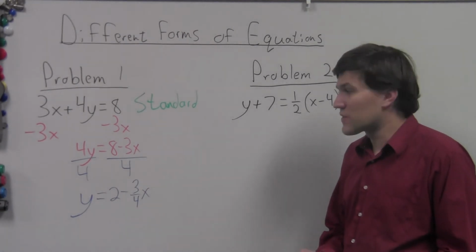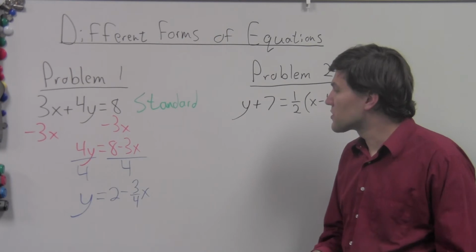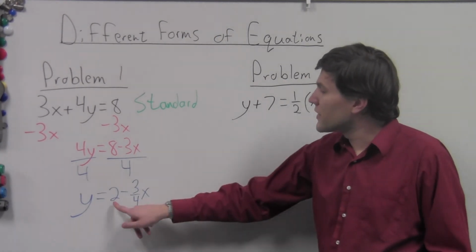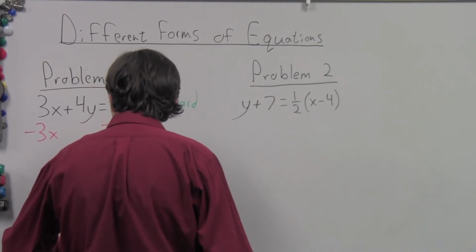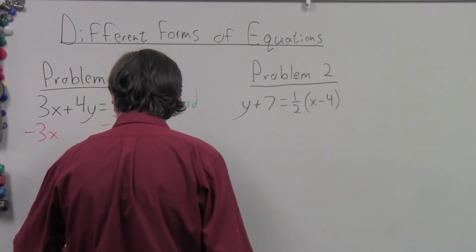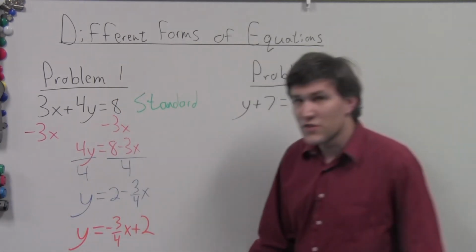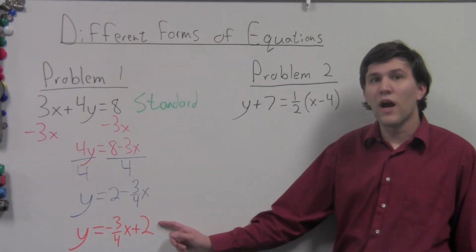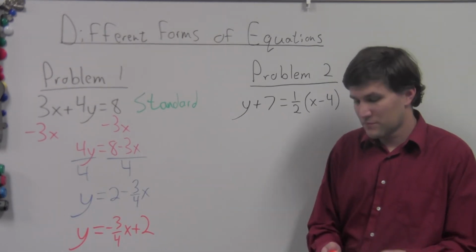So we've divided both sides by the coefficient of y. Now, to get it in the most proper slope-intercept form, we need to use the commutative property and rearrange this equation. So our final answer is y equals negative 3/4 x plus 2.